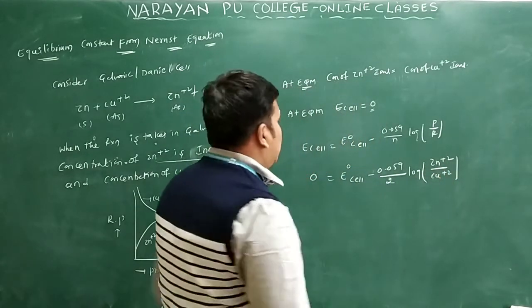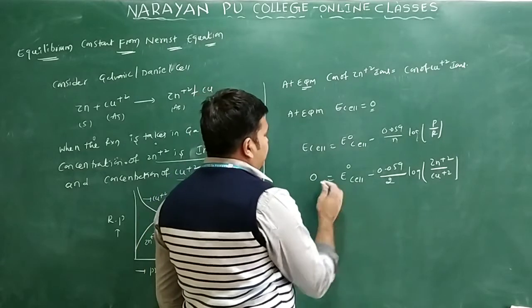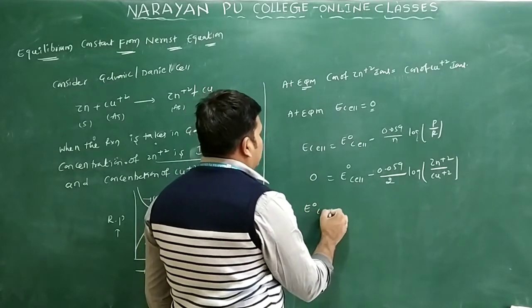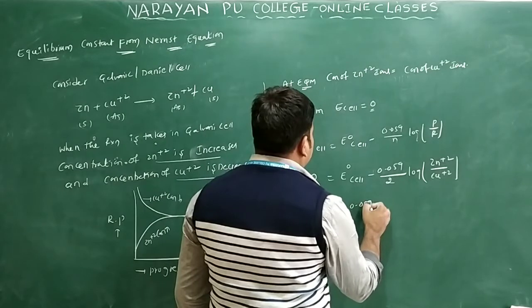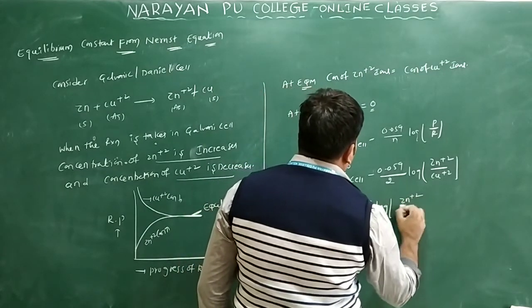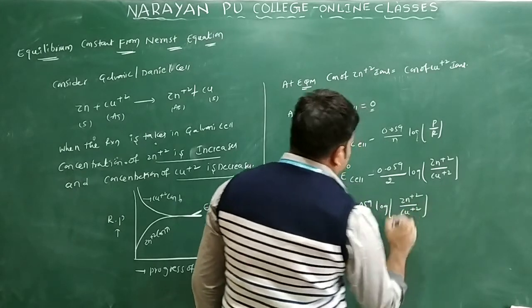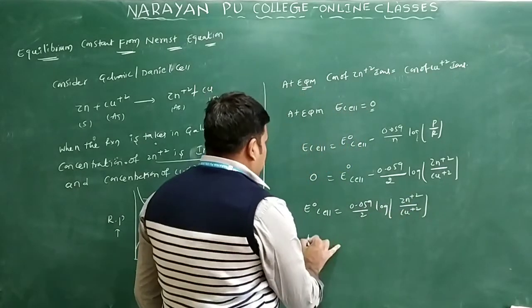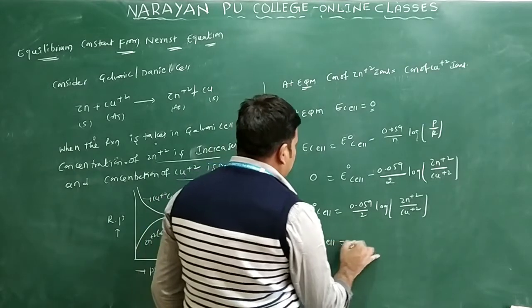Now I want to change this: E naught cell is equal to 0.059 by 2 into log concentration of Zn plus 2 by concentration of Cu plus 2 only.